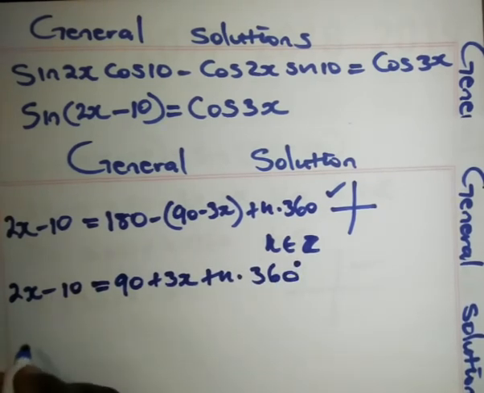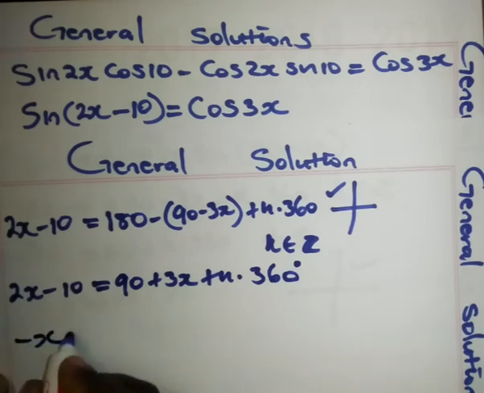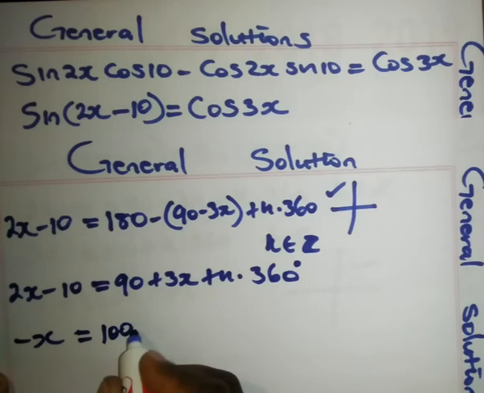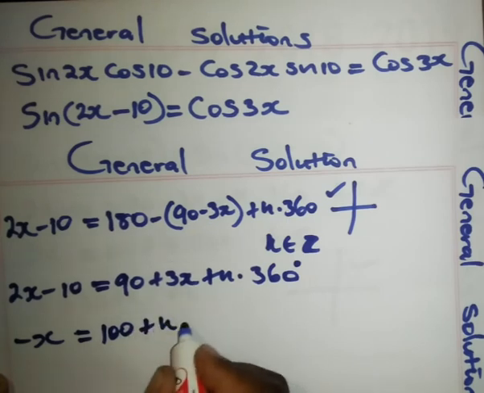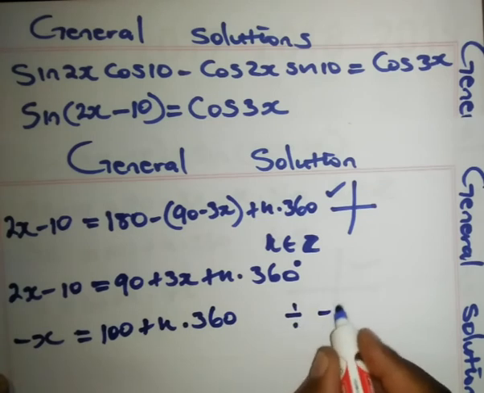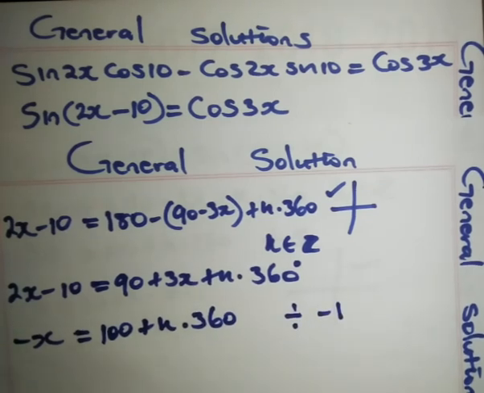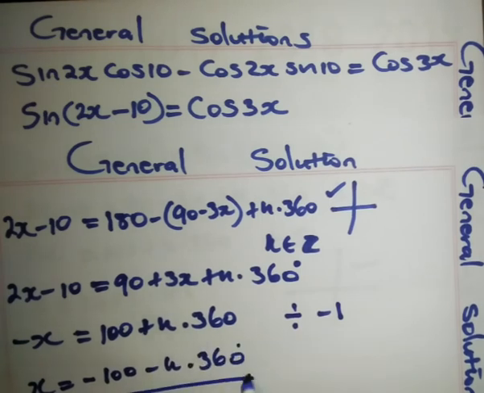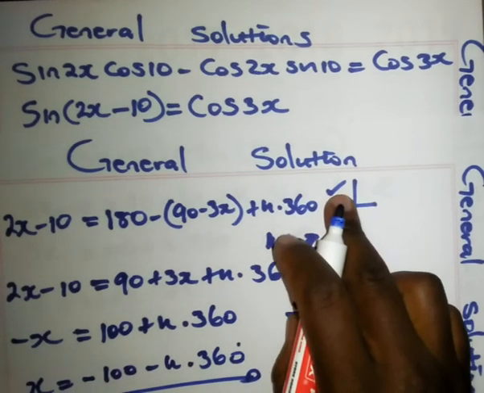If we simplify this further, it will work out to be negative x is equal to 100 plus k multiplied by 360, and therefore we have to divide by negative 1. So the final answer here is going to be x equals negative 100 minus k times 360. So this will be our solution in the second quadrant.